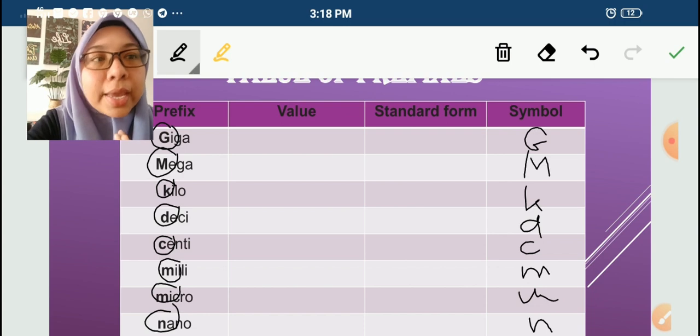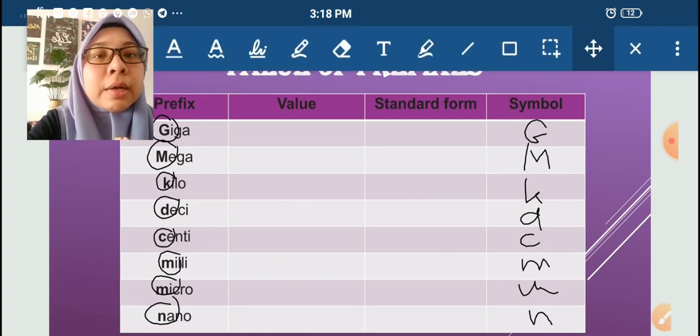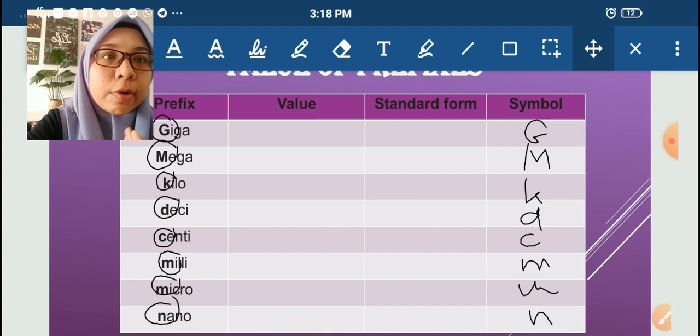That is how we can memorize the names and symbols of the prefixes.